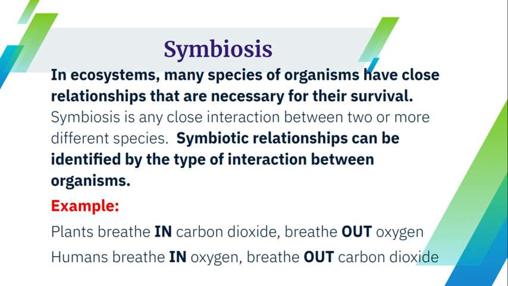For example, plants breathe in carbon dioxide and breathe out oxygen. Humans breathe in oxygen and breathe out carbon dioxide. So you can see this is a mutually symbiotic relationship. One benefits the other, the other benefits the one. Everyone benefits. That's mutually symbiotic.